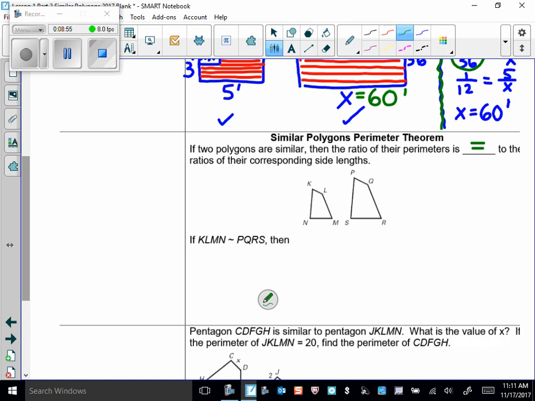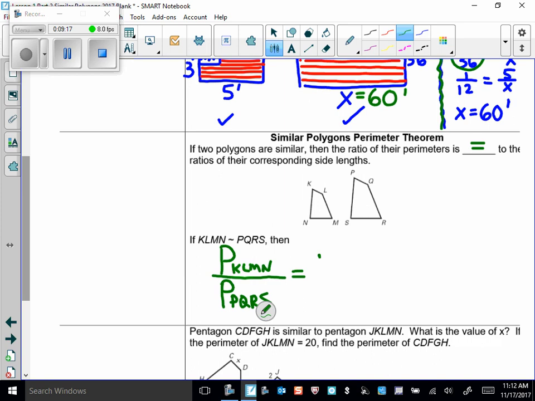So if KLMN is similar to PQRS, then we know that the perimeter of KLMN divided by the perimeter of PQRS is the same as the scale factor.